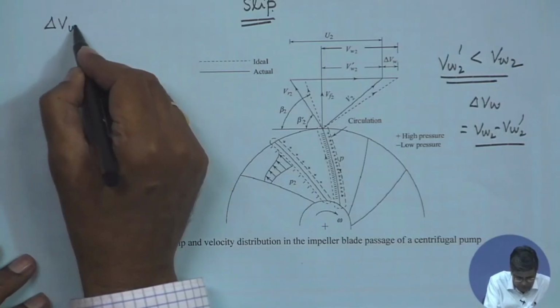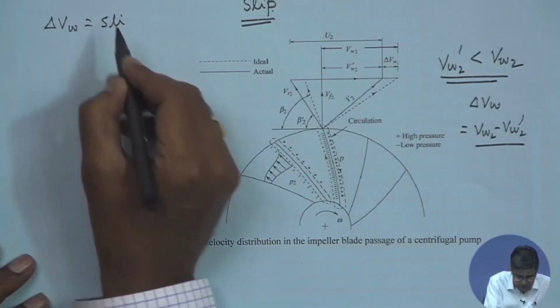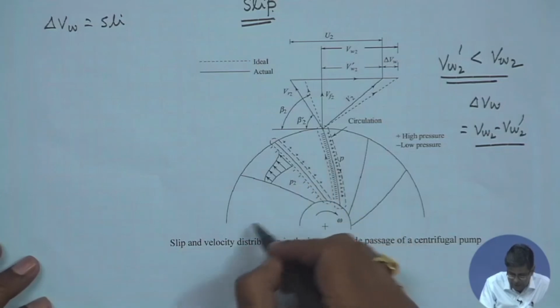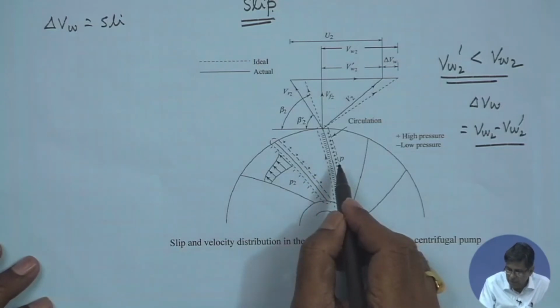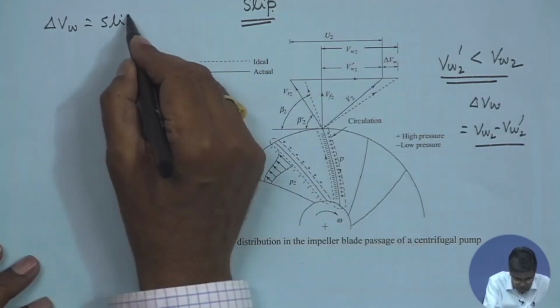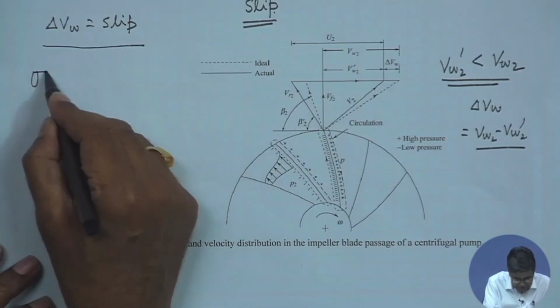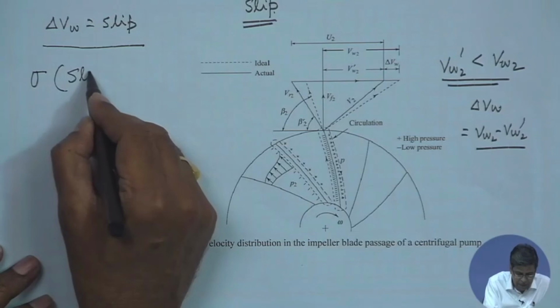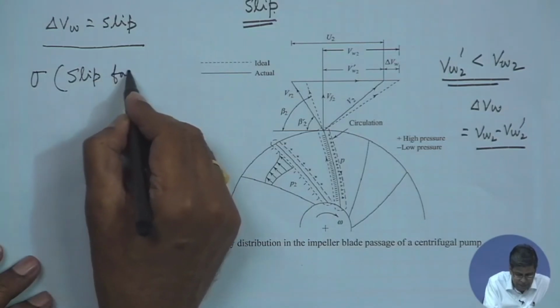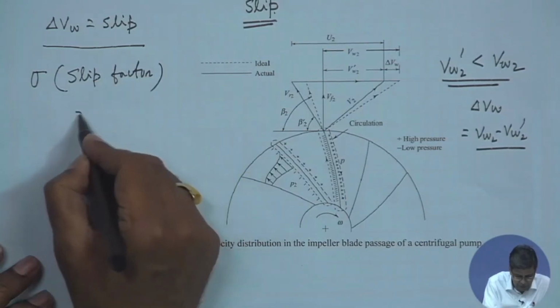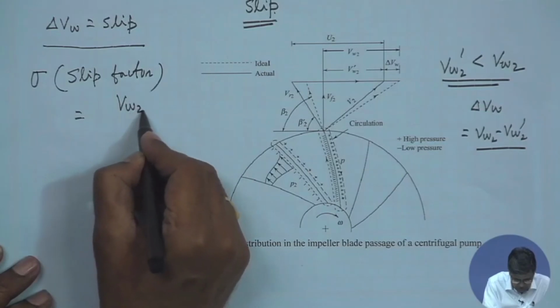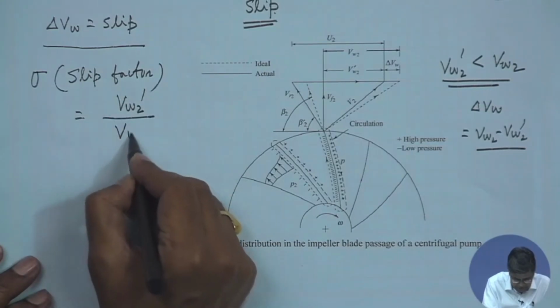So, therefore, the work done on the fluid, or the head delivered to the fluid, is changing. We define a slip factor sigma, which is equal to VW2 dash divided by VW2.